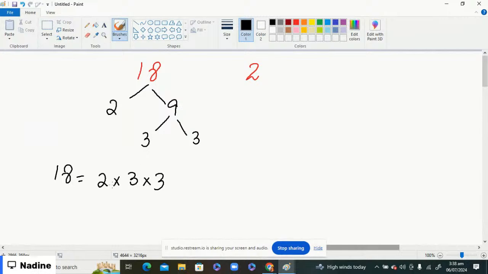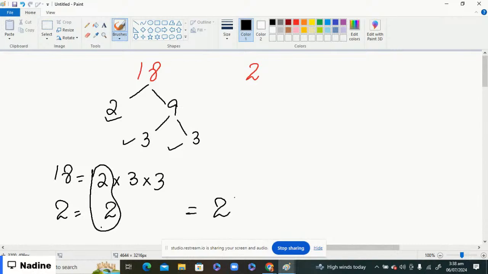When you solve for LCM, you multiply the common and non-common numbers. But for the greatest common factor, you just do this. This is common, so that is the greatest common factor.